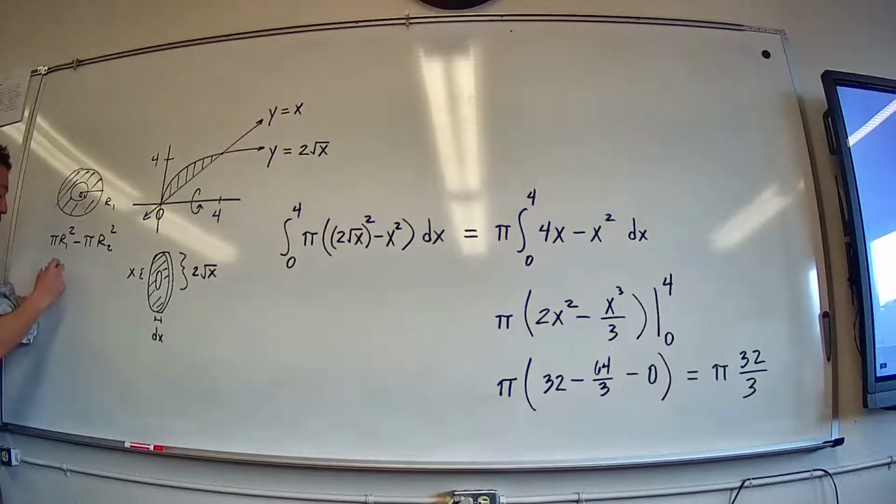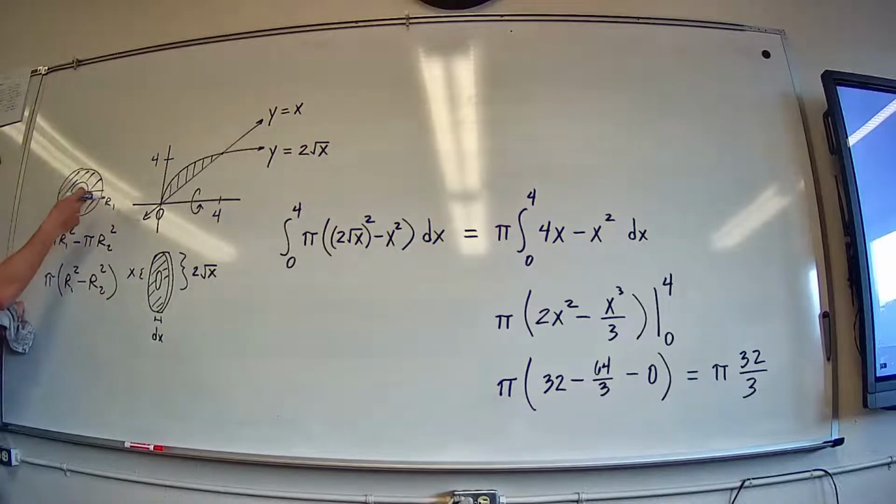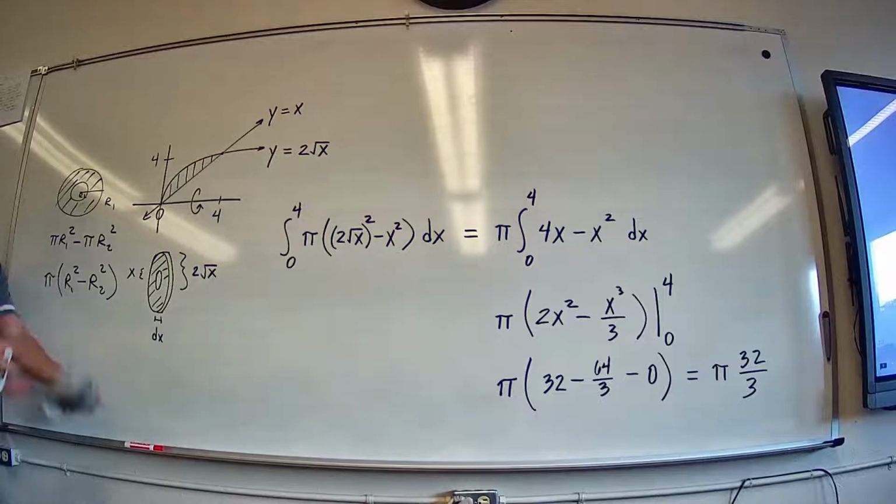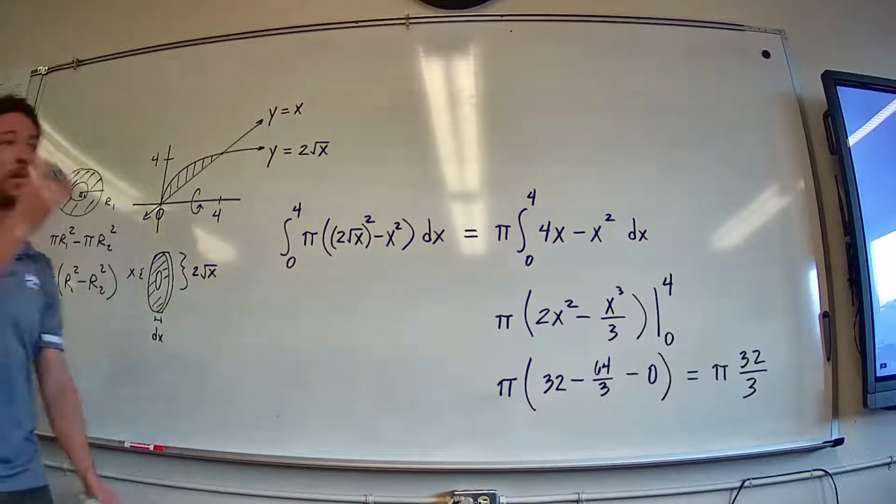And so when you factor out the pi, it's each individual radius squared. A lot of students make the mistake of just subtracting the radii and then squaring. That's wrong. You have to square the radii before you subtract.